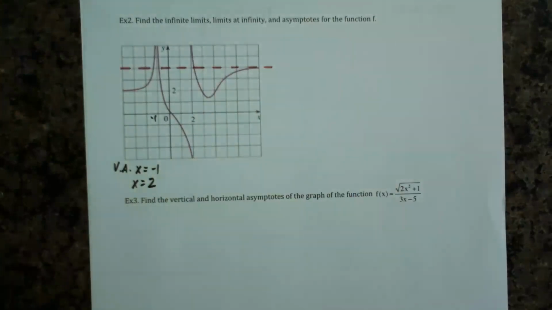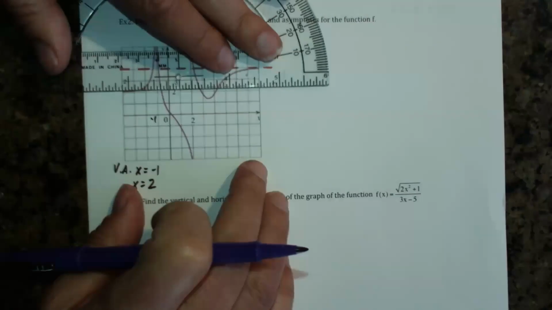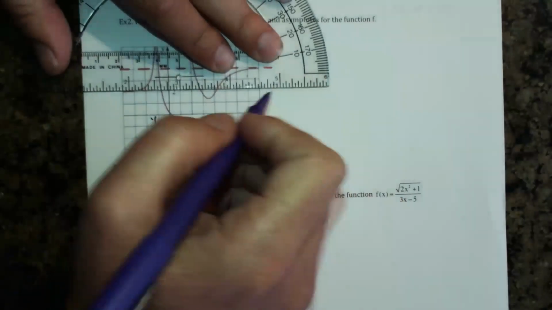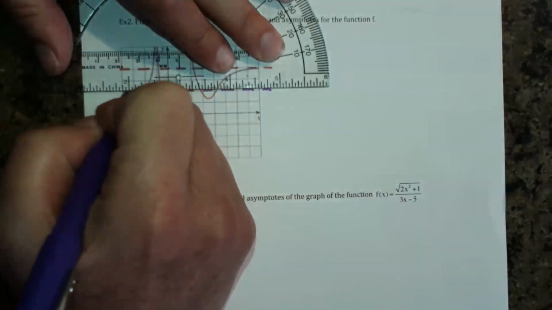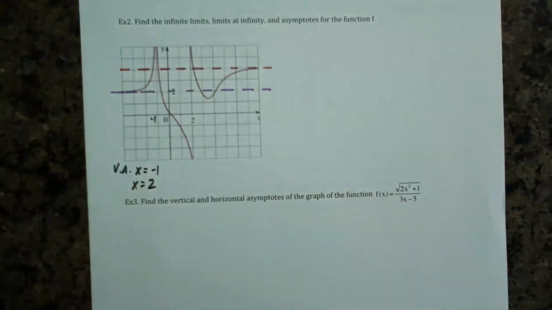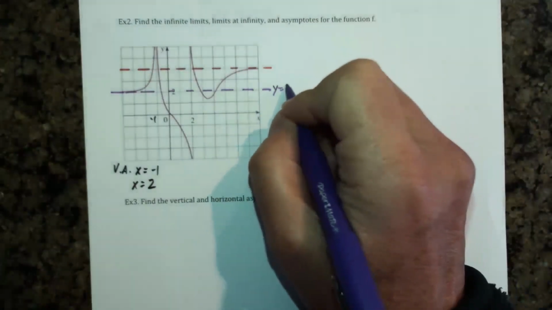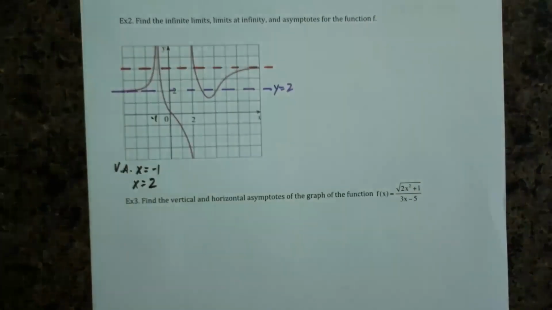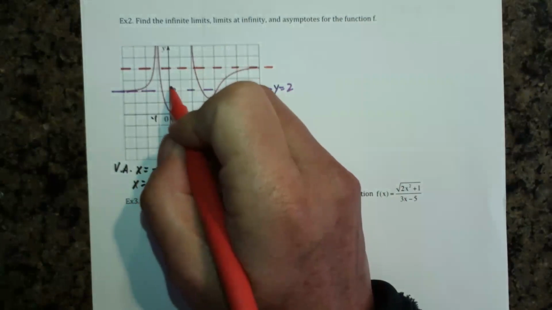And then we also have one as we go off to negative infinity down here. And to be clear, this is y equals 2. This is y equals 4, I believe. So 0, 1, 2, 3, 4.